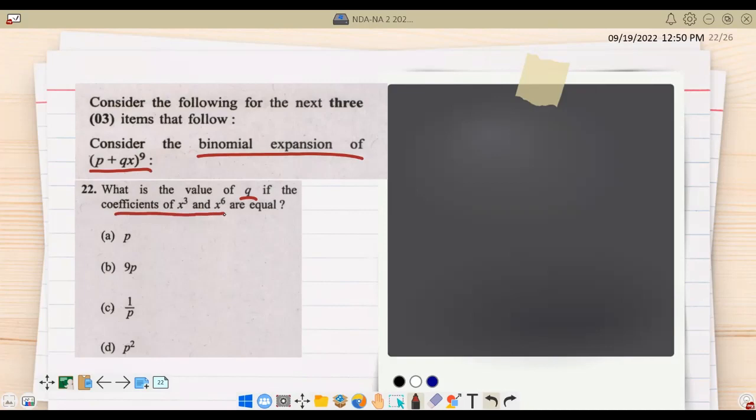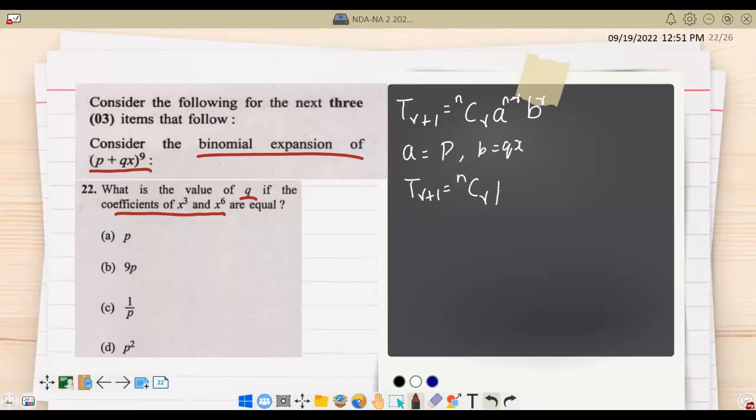First, we need to know the particular term value for this question, that is T(r+1). T(r+1) is given by nCr a to the power n minus r b to the power r. So here we know that a equal to p and b is equal to qx. If we substitute here, T(r+1) equal to nCr p to the power n minus r (qx) to the power r.